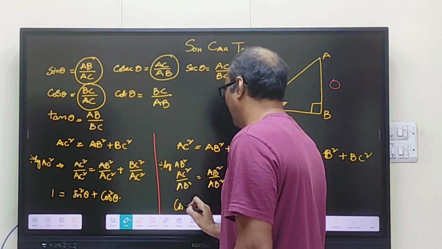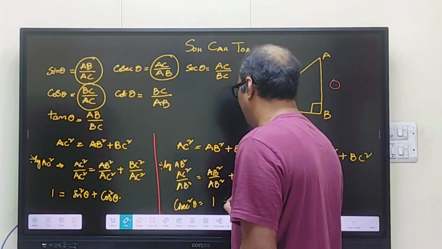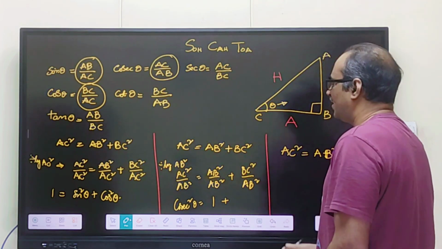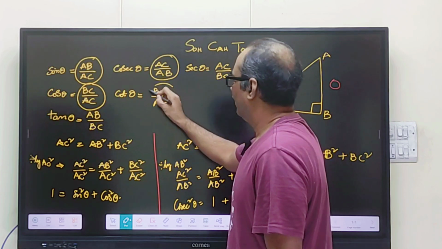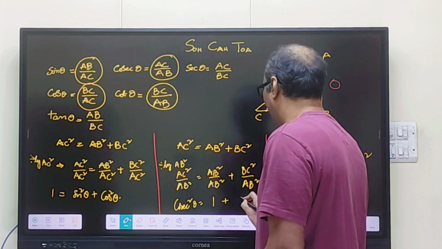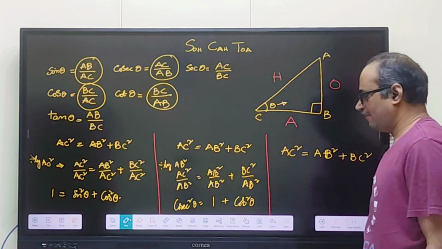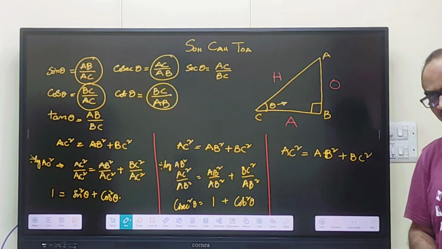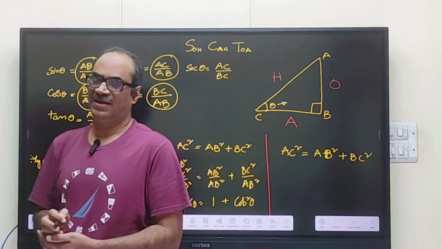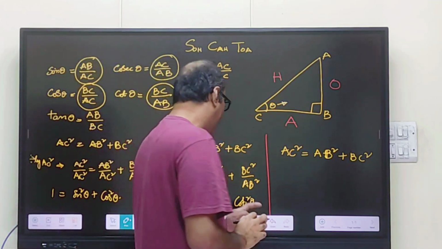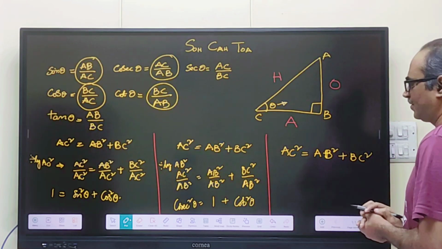So cosec square theta equals AB square by AB square is 1, plus BC by AB, that is cot theta. So that will be cosecant square theta equals 1 plus cot square theta. That is our second identity. So we got first identity, sin square theta plus cos square theta is 1, and the second identity, cosecant square theta is 1 plus cot square theta.